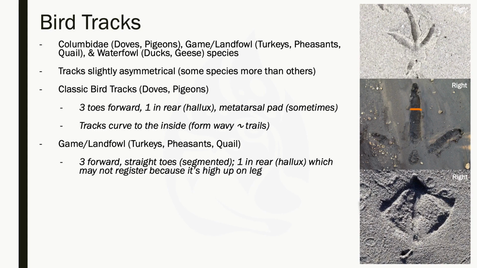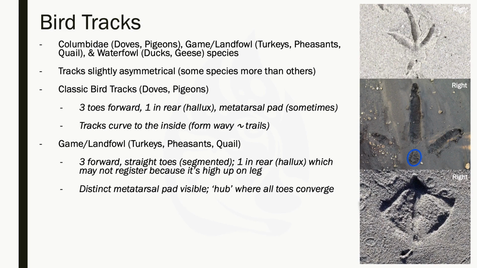We also have a segmentation which shows up in the toes. And if you look closely here, they almost look like ribs. You can see these little lines that go across the toes. So that's a really good indication that you have some sort of game or landfowl type of track. Then also we do have a metatarsal pad. It's usually visible.